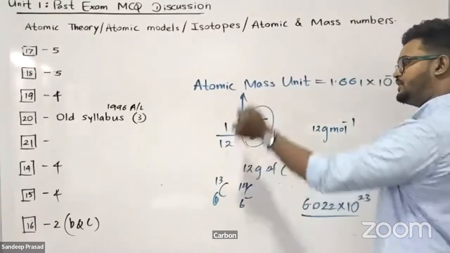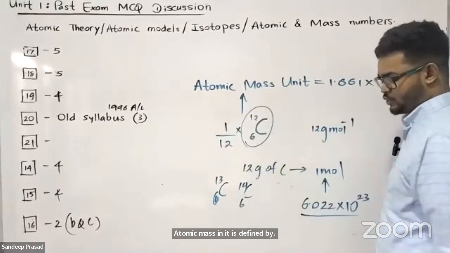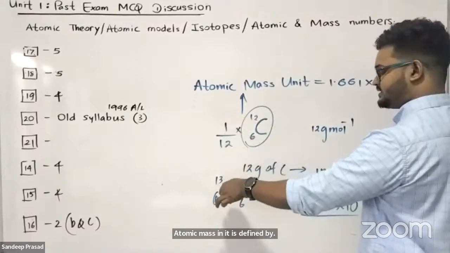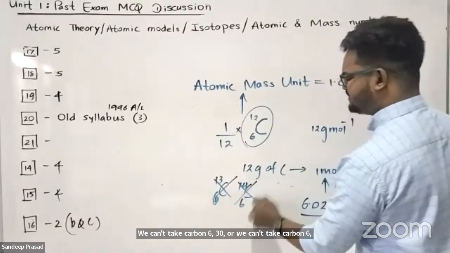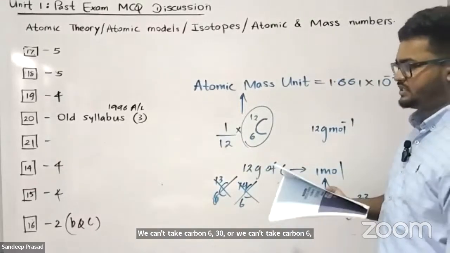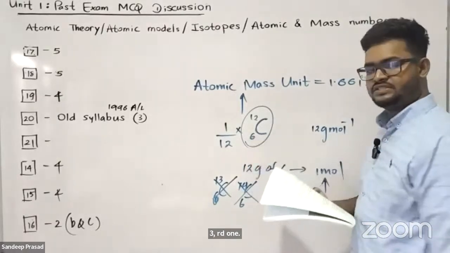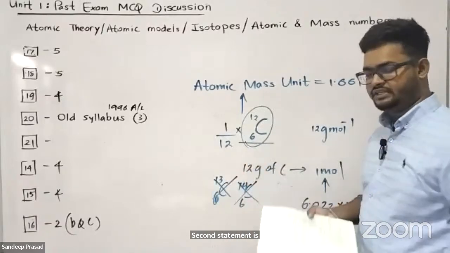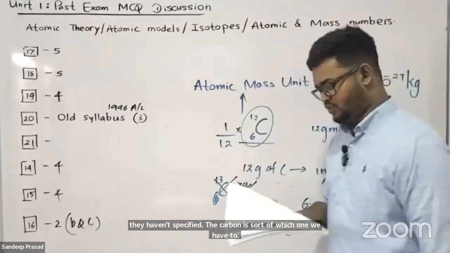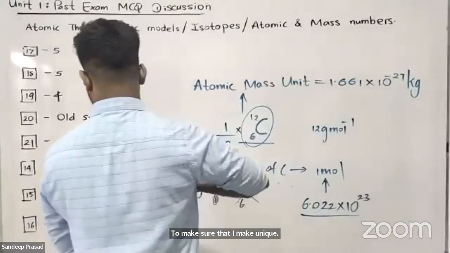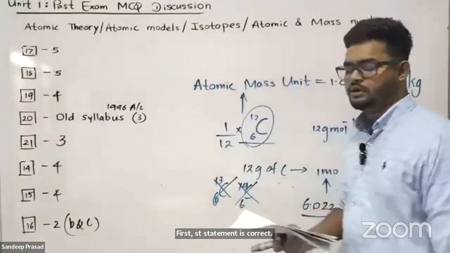No. The atomic mass unit is defined by 1/12 of the carbon-12 isotope. So just giving carbon atom is not enough. The second statement is wrong because they haven't specified which carbon isotope to take. So for question number 21, the first statement is correct and the second is wrong. Therefore, the answer is 3.